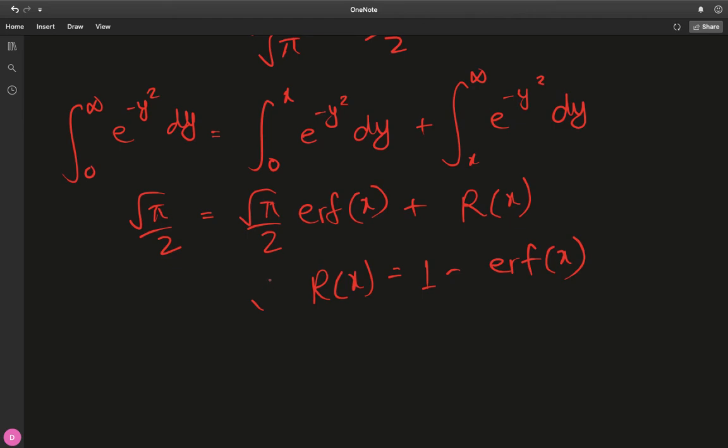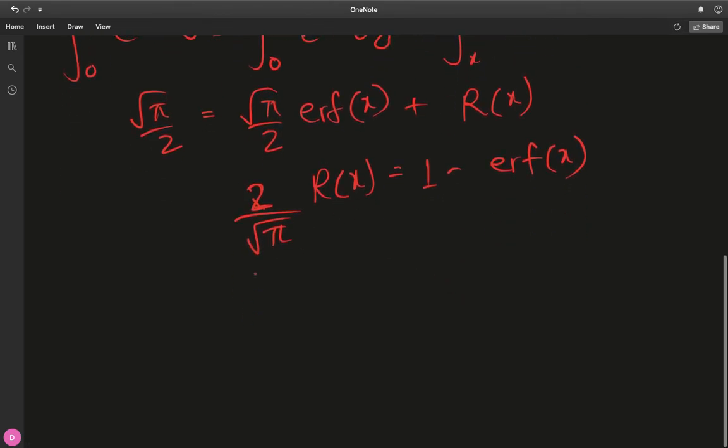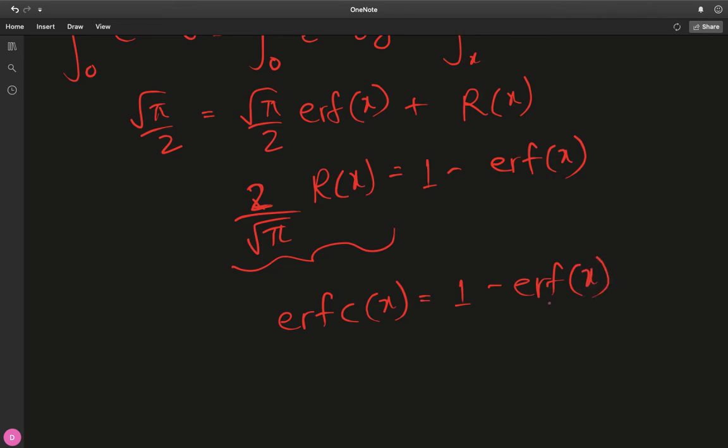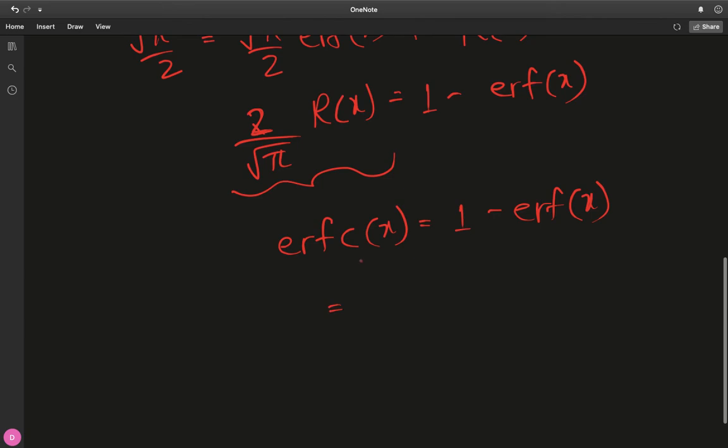So we have 2 divided by square root of pi, and this entire thing is what we call the complementary Gaussian error function, which is defined as 1 minus the Gaussian error function. So formally, this is just going to be 2 over square root of pi.